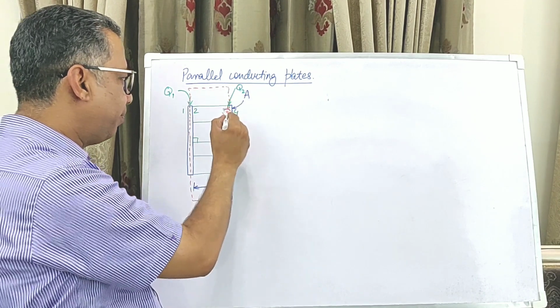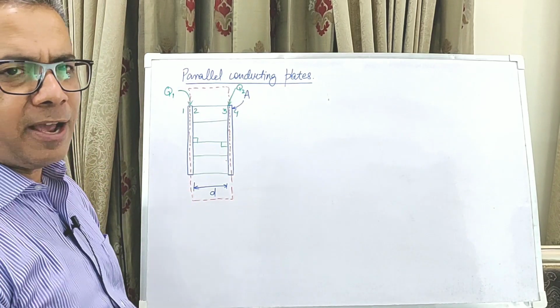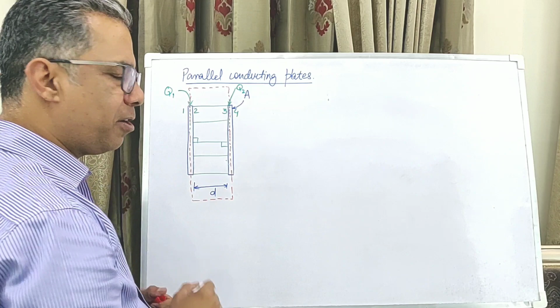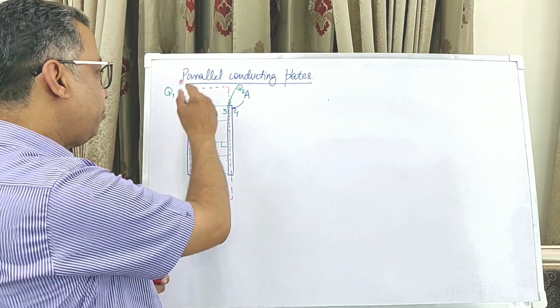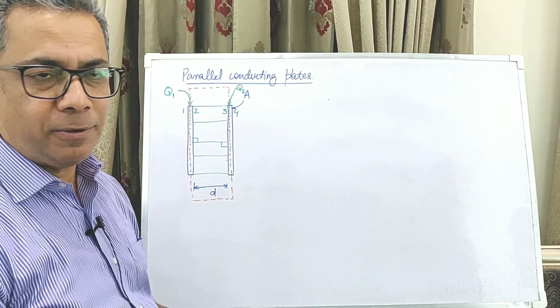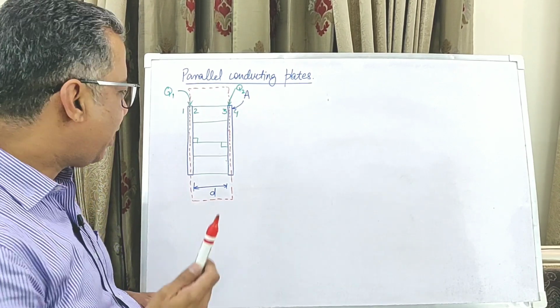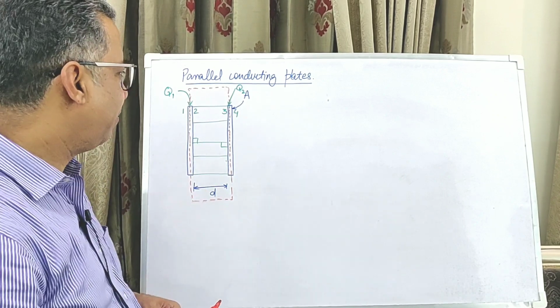Field here is 0. And so the flux through this entire Gaussian surface is 0. If the flux through the entire Gaussian surface is 0, the net charge enclosed inside this Gaussian surface now has to be 0 as well.